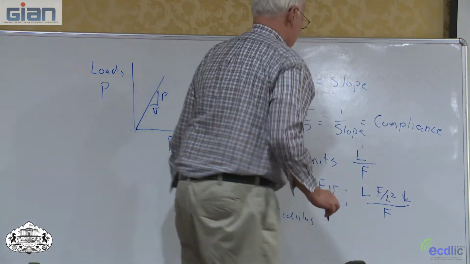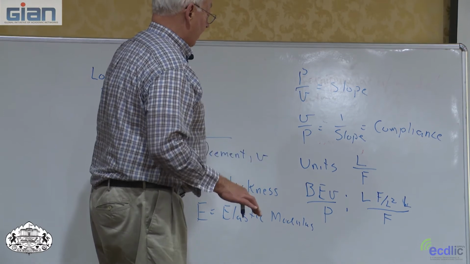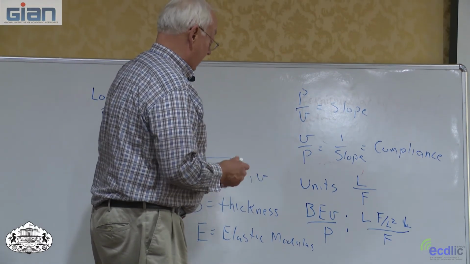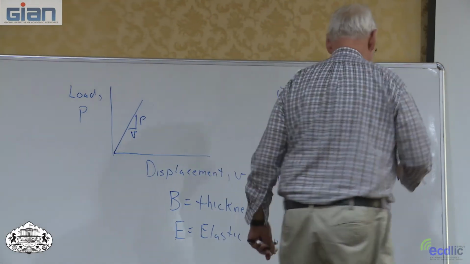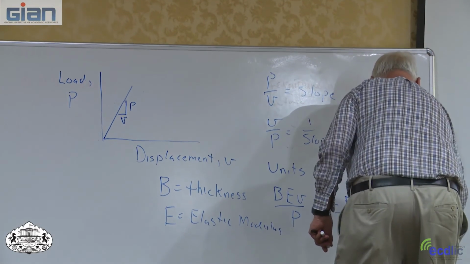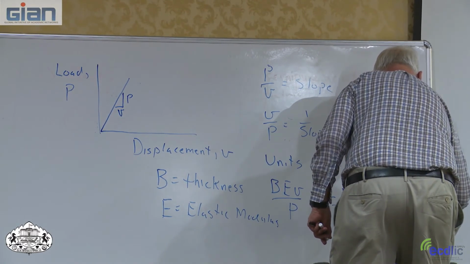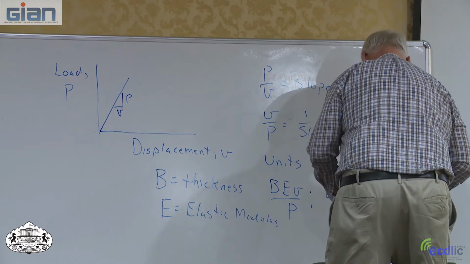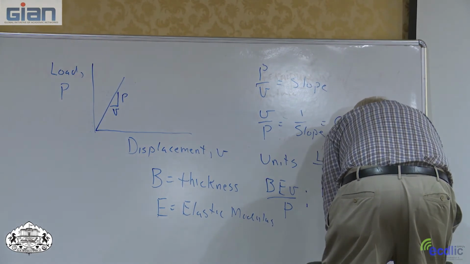So then you can see 2 lengths on top, force on top, 2 lengths on the bottom, length squared on the bottom, and force, and that's no units then. So that's the compliance story.